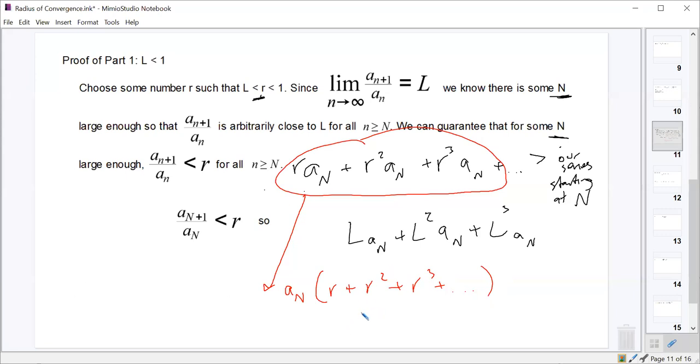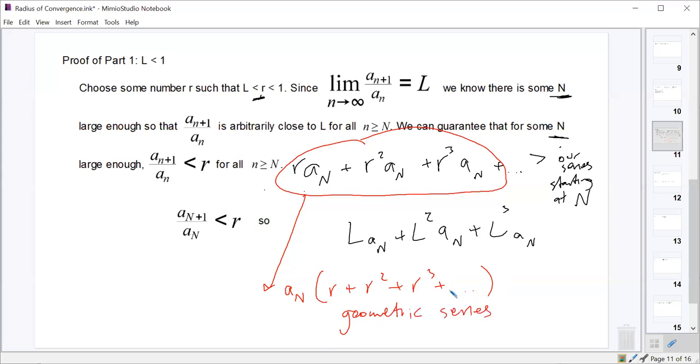What type of series is this? It's a power series, and even better than just being a power series, it's a geometric series, right?